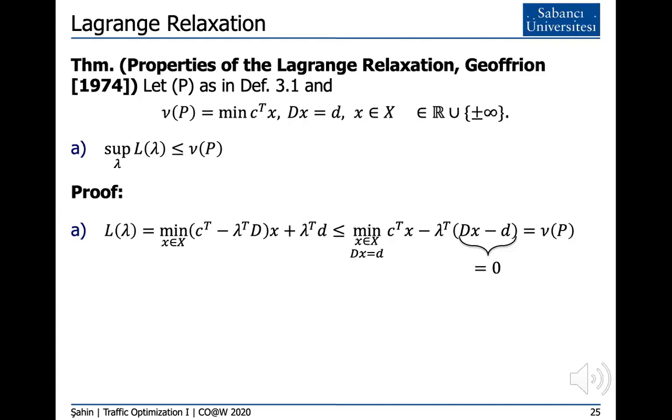If we optimize over all elements of X, we have all these choices with the same objectives. Therefore, the value of the Lagrange relaxation will be lower. As this holds for every vector of Lagrange multipliers, it also holds for the supremum.